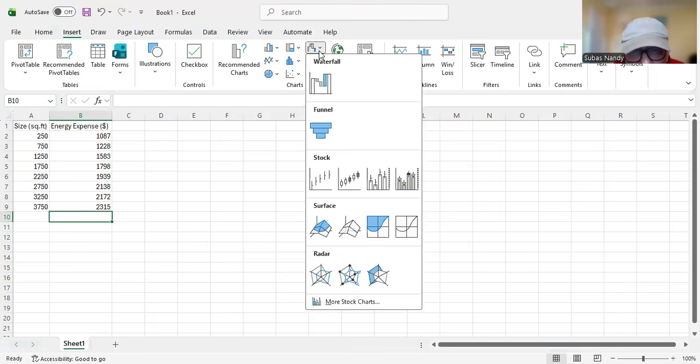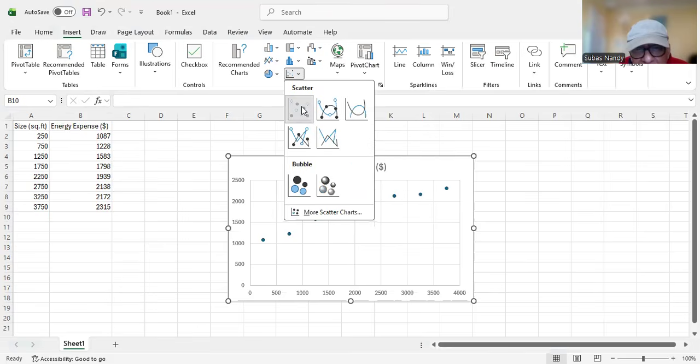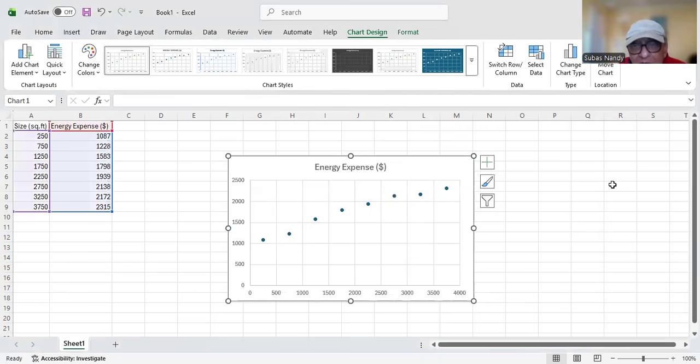There it is. Okay. So I'll do the scatter plot. So I went to the insert screen and I will highlight this scatter plot. And already it has made a plot of it.